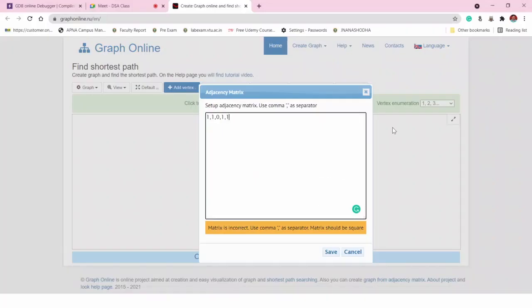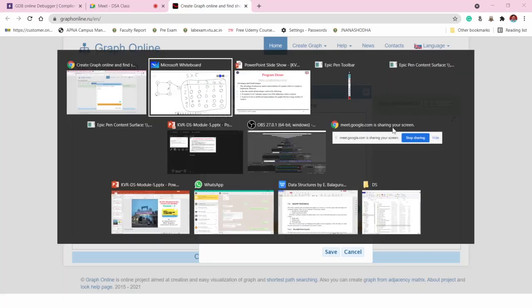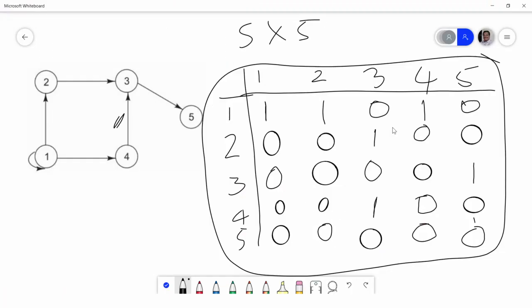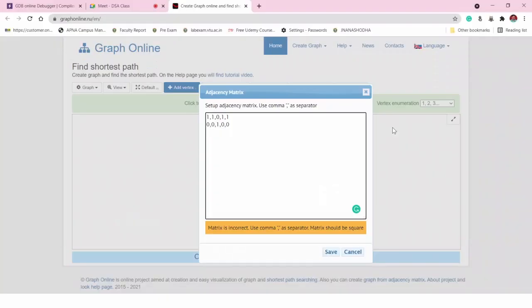You can write it in the next line. 0 comma 0 comma 1 comma 0 comma 0. So it is the same thing. Next, 4 zeros and 1: 0 comma 0 comma 0 comma 0 comma 1. Yes, it is done.